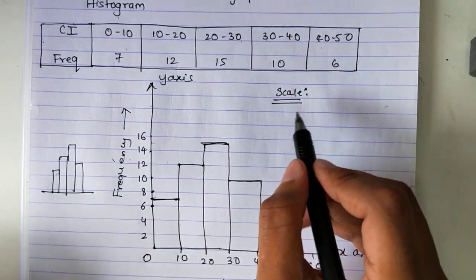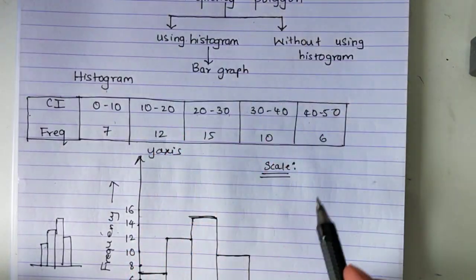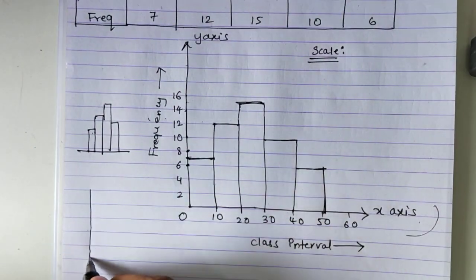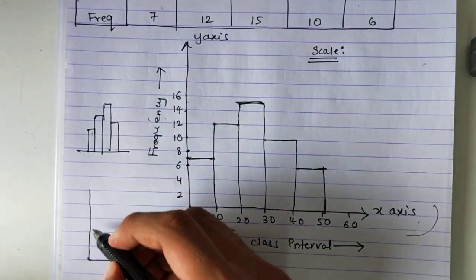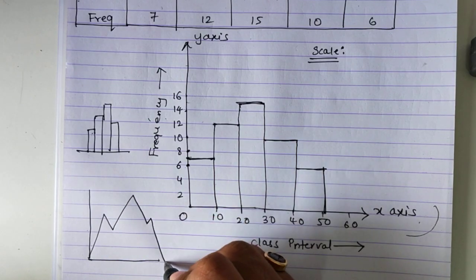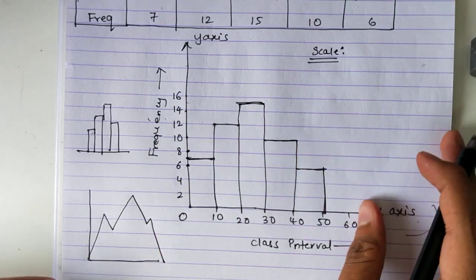So this is basically a histogram. Now, to draw the frequency polygon using a histogram, what is a frequency polygon? A frequency polygon is a line. And how to draw this line?